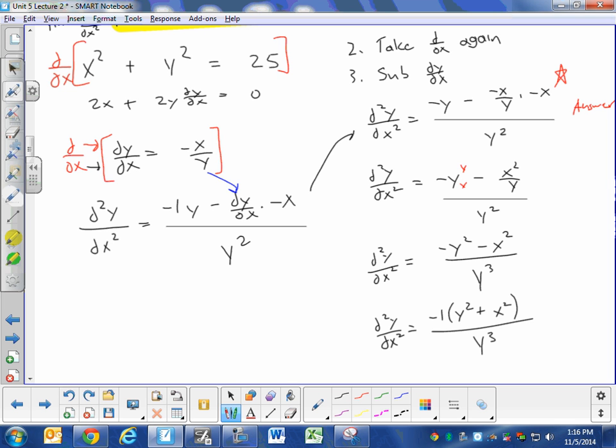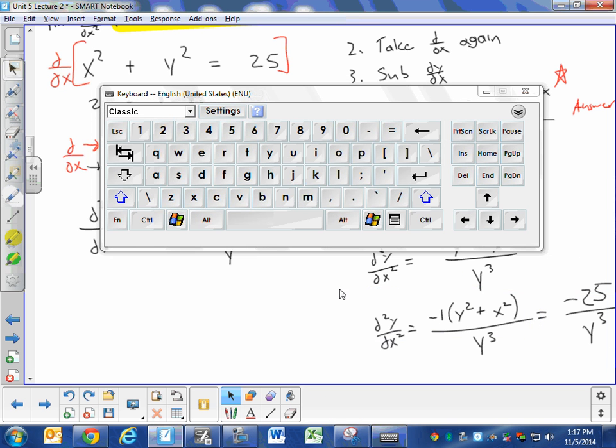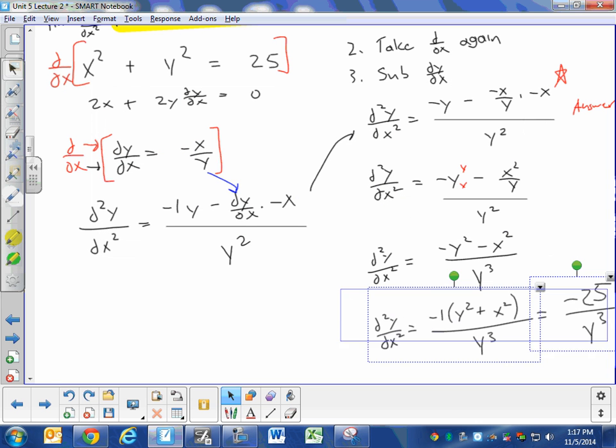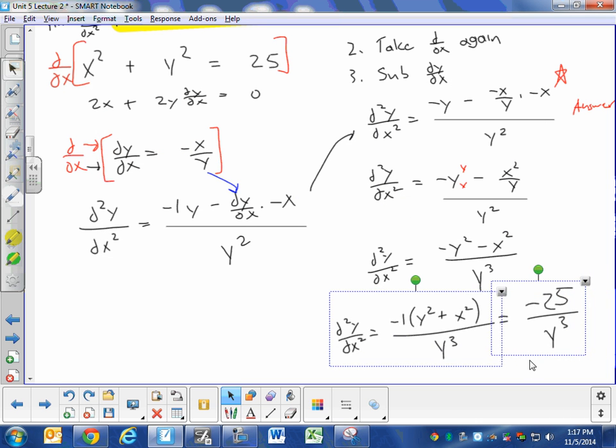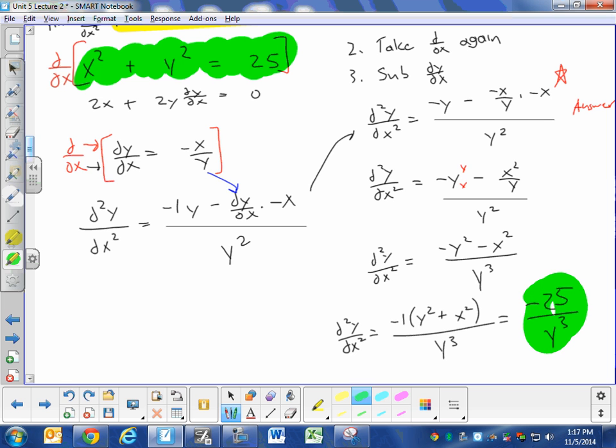Actually, whoa, that's awesome. Look what I can do. Where did the negative 25 come from? Oh, look at that. I know what x squared plus y squared has to equal. It has to equal 25. Well, this is your simplified second derivative.